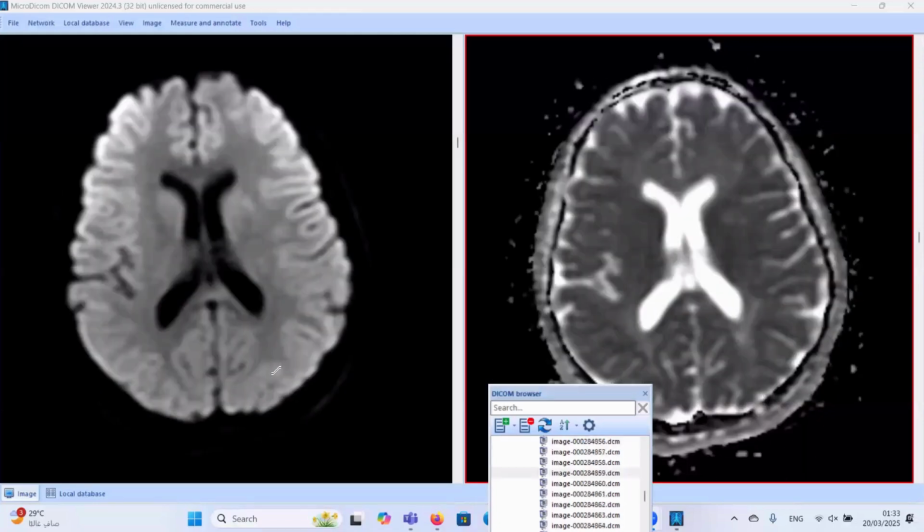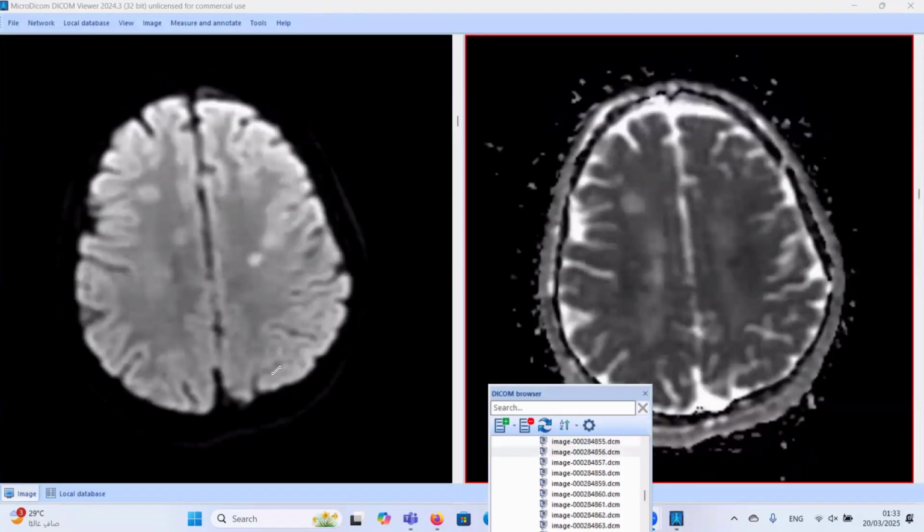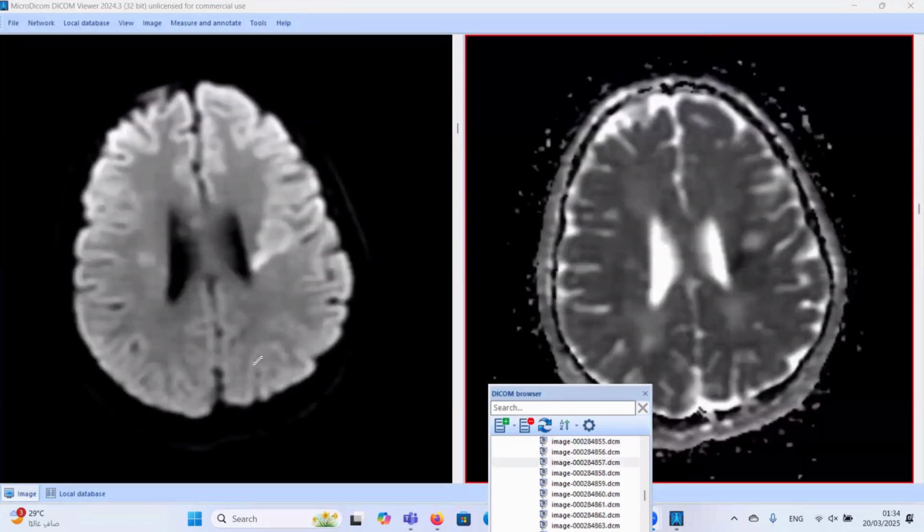Let us review the diffusion weighted image and the ADC map. The right-sided white matter lesions show facilitated diffusion. We don't have any evidence of restricted diffusion. Of the left-sided white matter lesions, some show facilitated diffusion, while this small lesion shows evidence of restricted diffusion, in terms of high signal intensity in the diffusion image and low signal intensity in the ADC map.